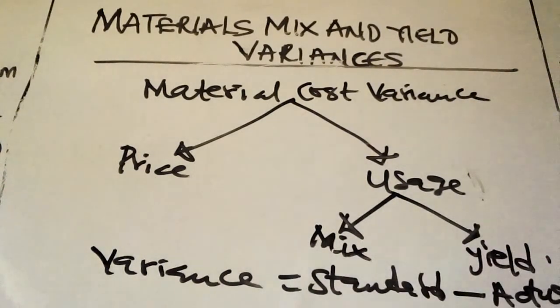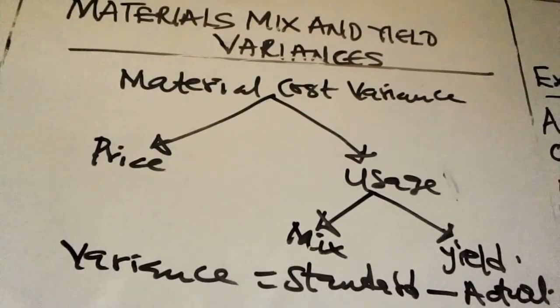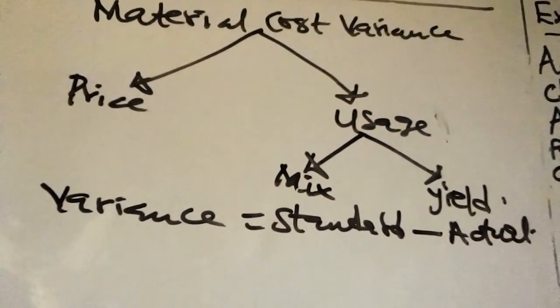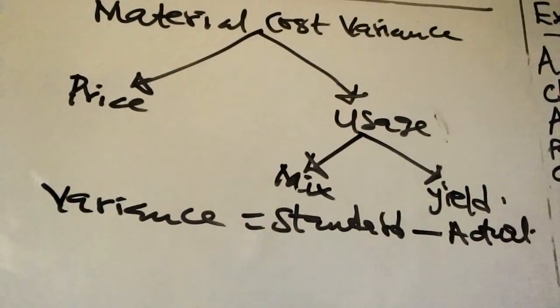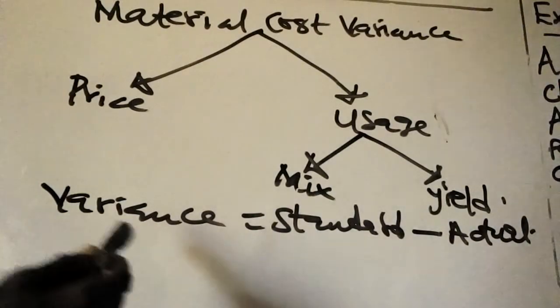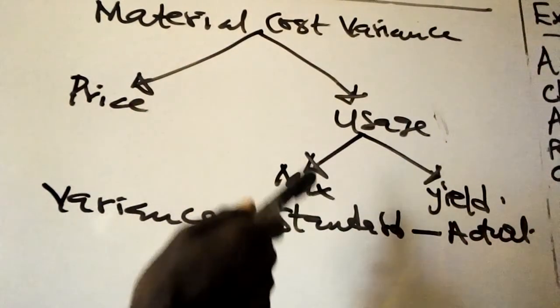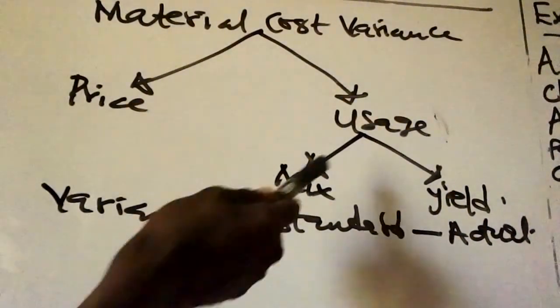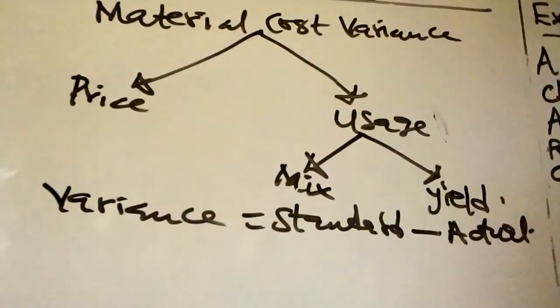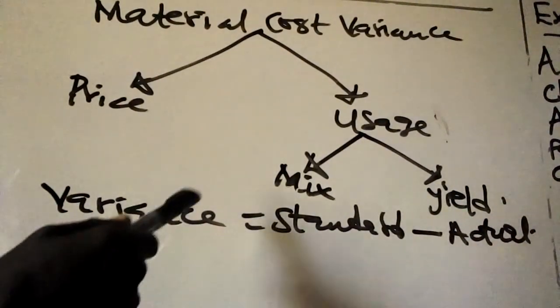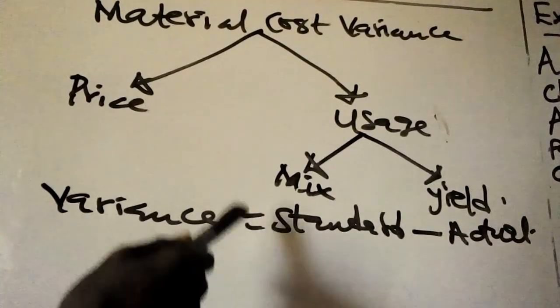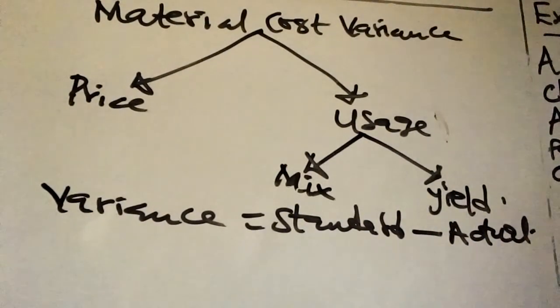I want you to know that the material mix and yield variances are calculated if a product contains more than one type of material, or where the materials can be used interchangeably. So that is when to compute the mix and the yield variance.